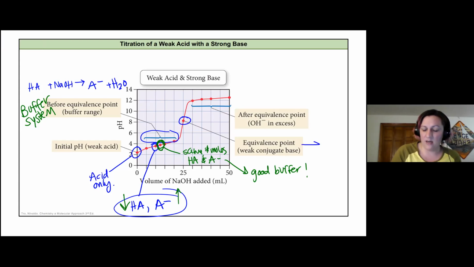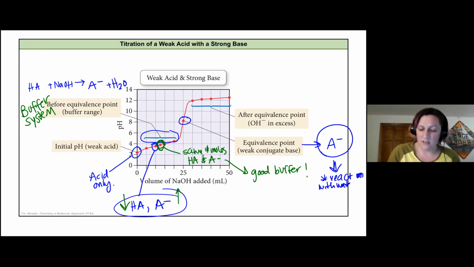So right here, we have a lot of A-, right? And that's about it. Unless that conjugate base can react with water and form the weak acid that we actually started with.